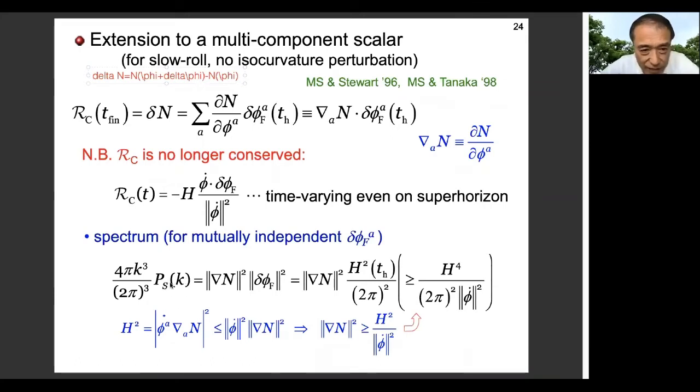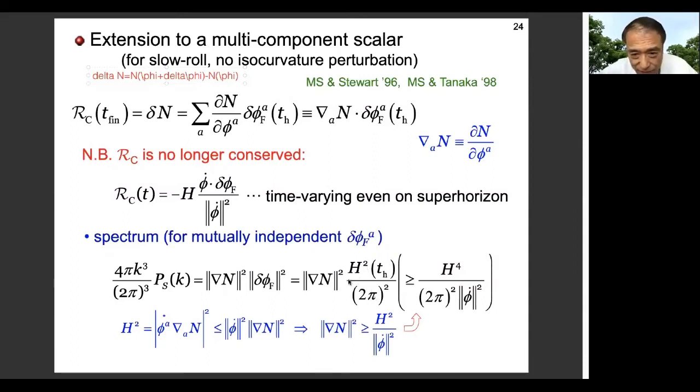This S stands for scalar, and 4 pi k cubed divided by (2 pi) cubed is just a phase volume. This total quantity is a dimensionless amplitude of perturbations, and it can be computed by taking the square of this. One part comes from assuming that the delta phi are independent of each other, and each fluctuation is given by the vacuum fluctuation of H over 2 pi.